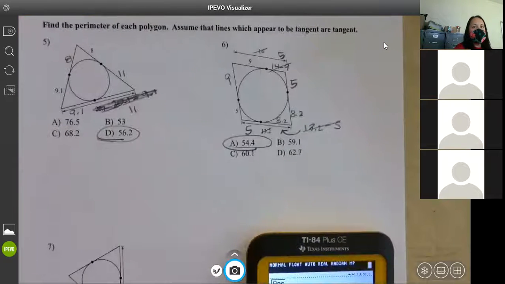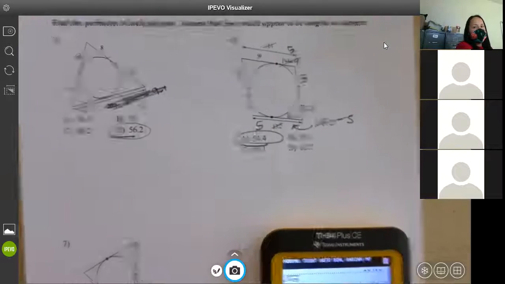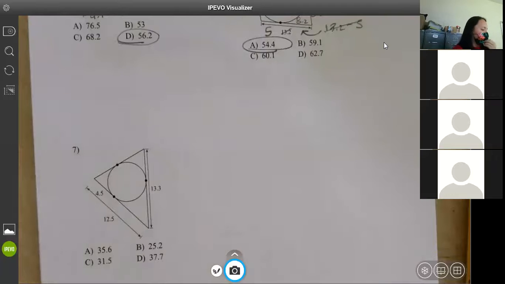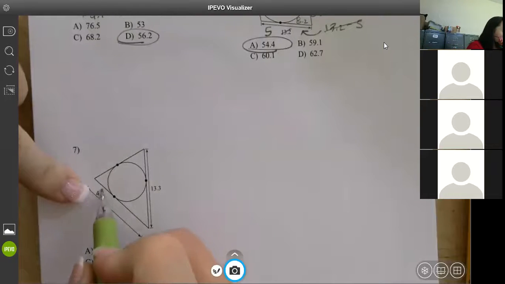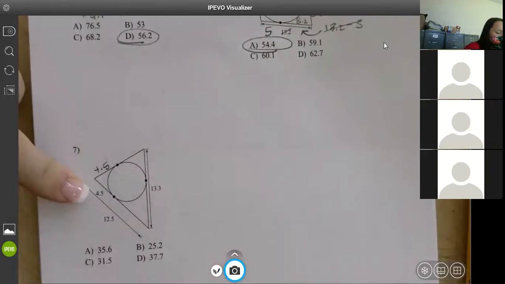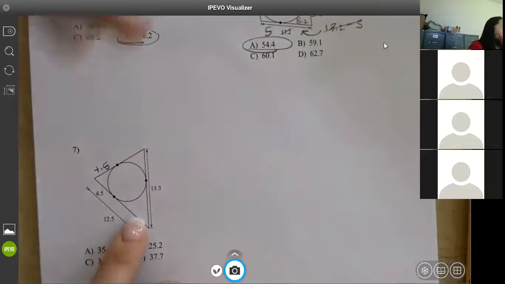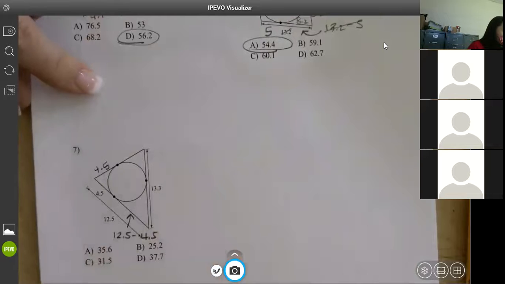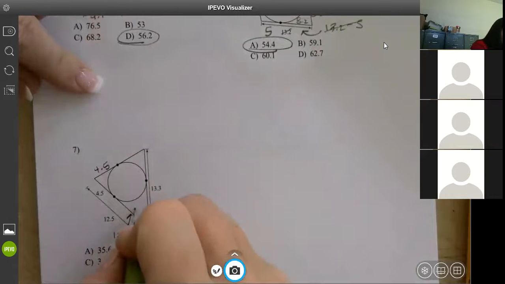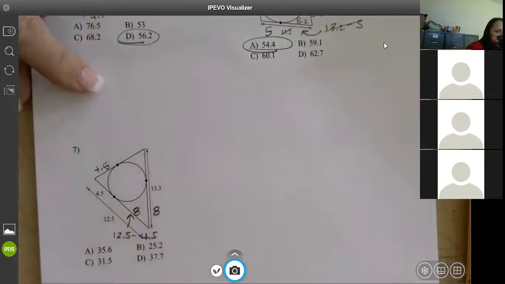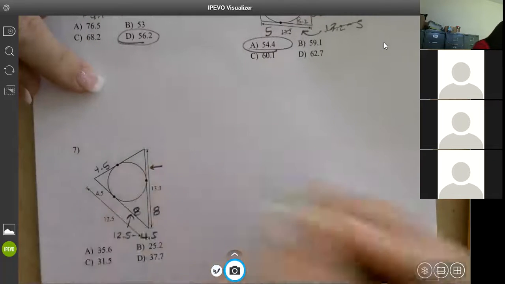Number 7. Again, look for the singular one. Our single is 4.5. So if this side is 4.5, the other side is 4.5. To find this half, you're going to do 12.5 minus 4.5, which gives you 8. So if this half is 8, this one is 8.